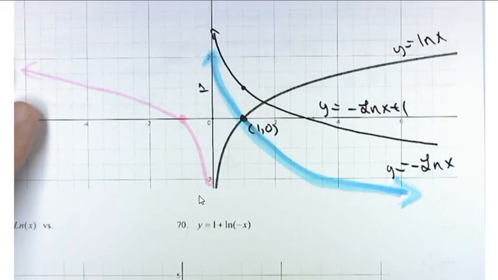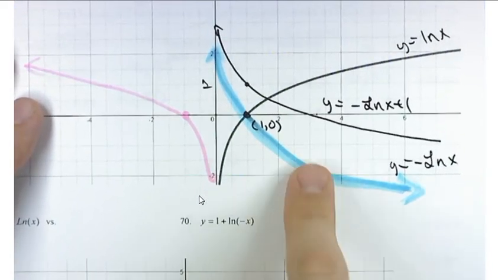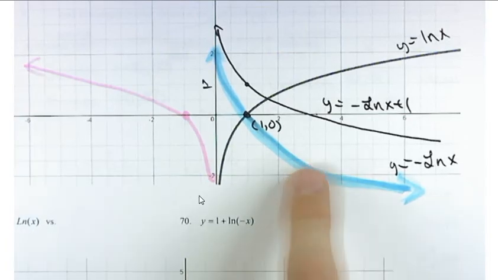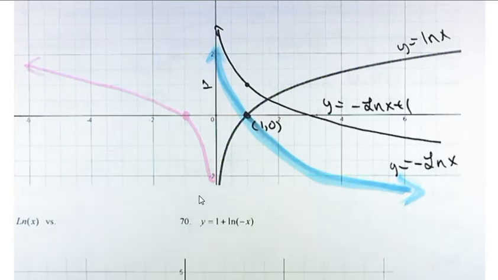My suggestion is to start with this graph. We already know what that graph looks like, and there's just one more reflection to do with this one, and that is flip it around the y-axis. So see if you can figure out what that would look like.